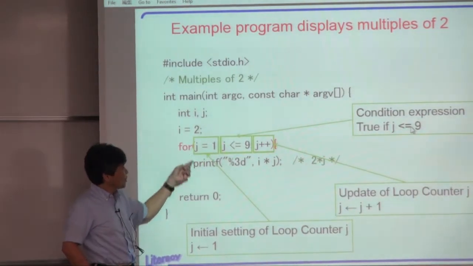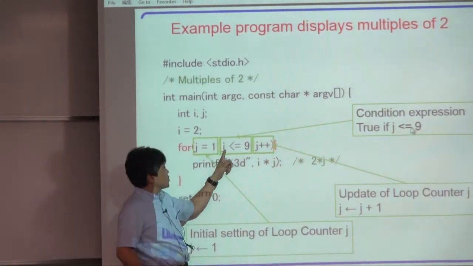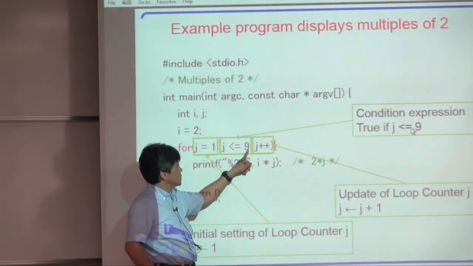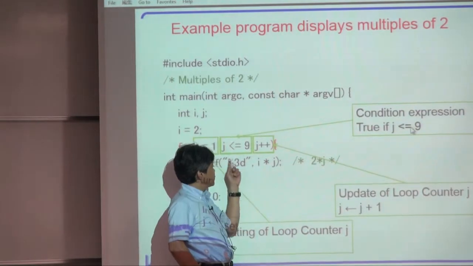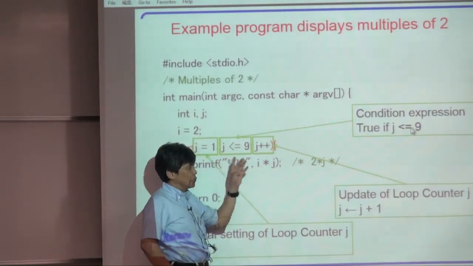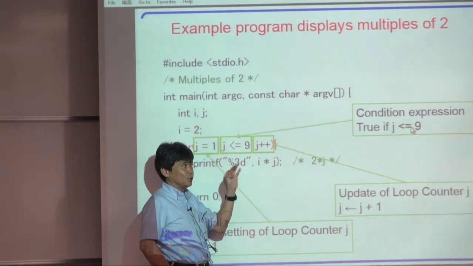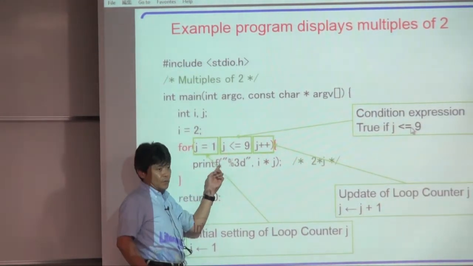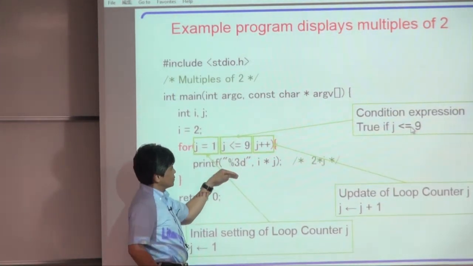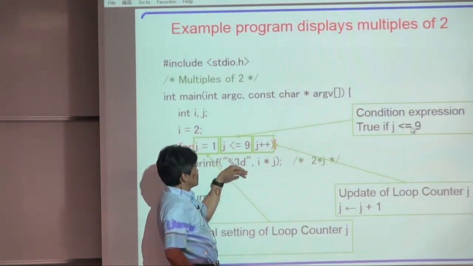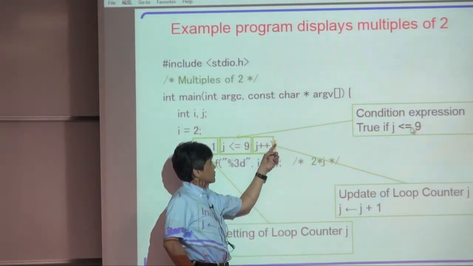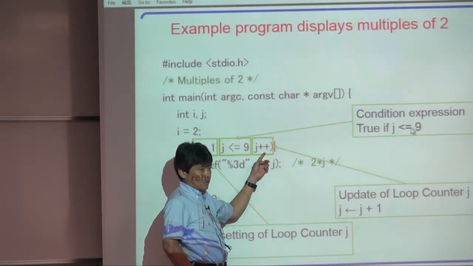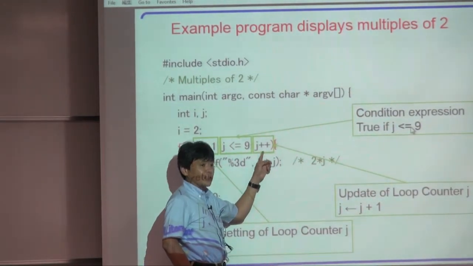So in this way, j changes from 1 to 9. Using this printf function, 2 to 18 numbers will be displayed. After that, this part will be executed. Currently j is 9.